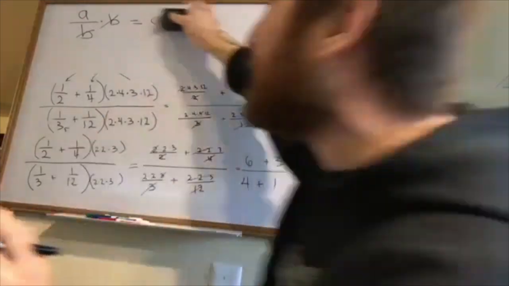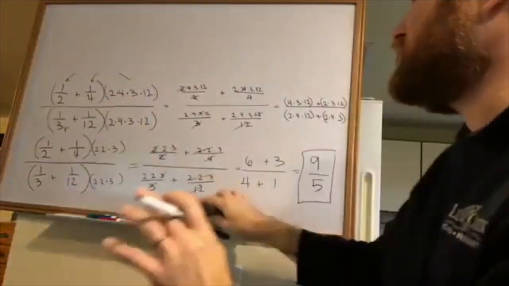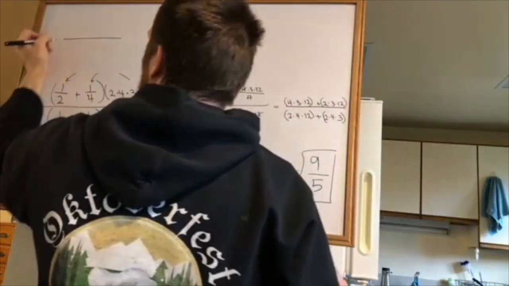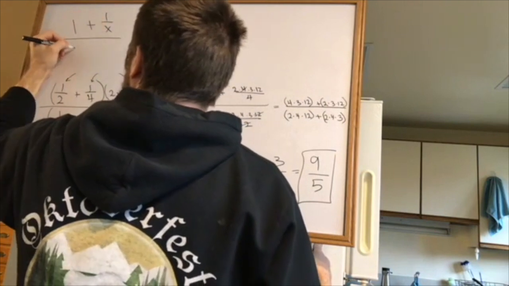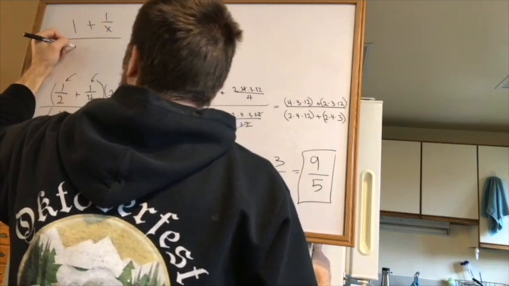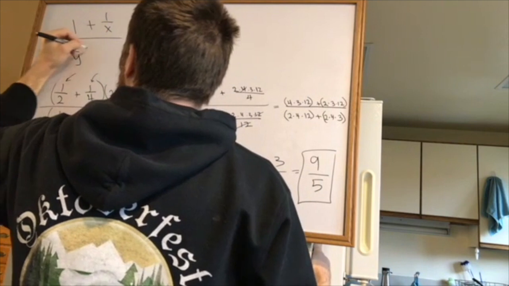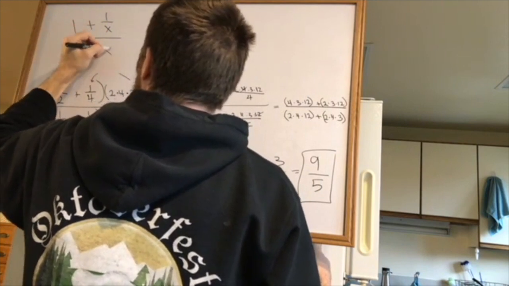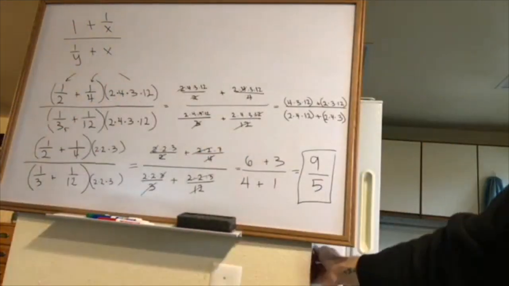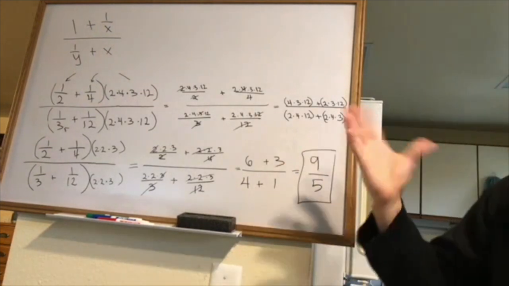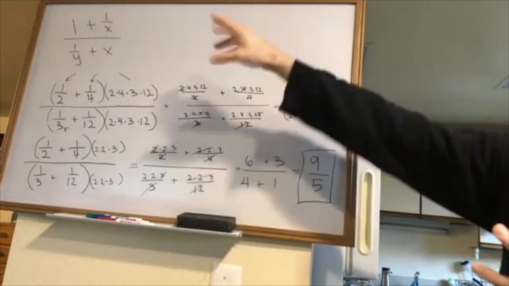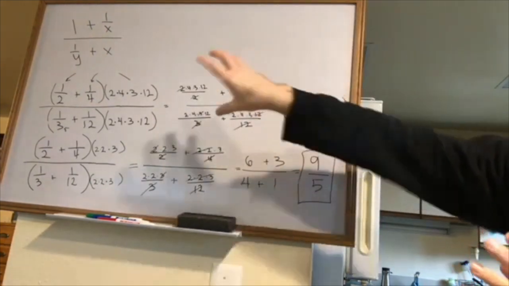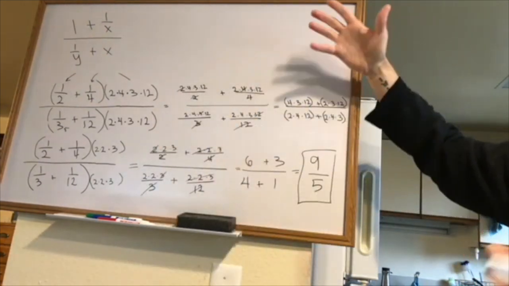This is only in the case where you have fractions inside of fractions, something like this. How about 1 over y plus x? If these were just regular old polynomials, say 1 plus x on top and y plus 1 on the bottom, I would know what to deal with.